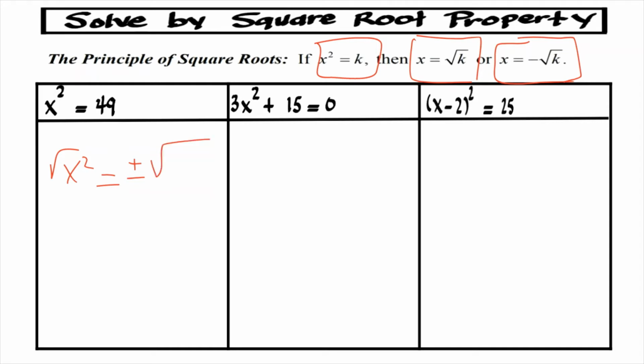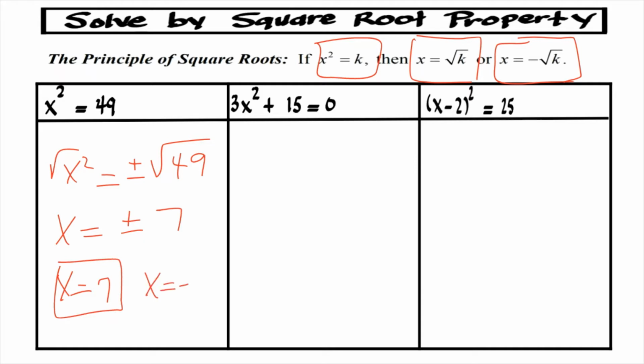So x is equal to plus or minus the square root of 49, which is 7. Then I have x is 7 and x is negative 7.